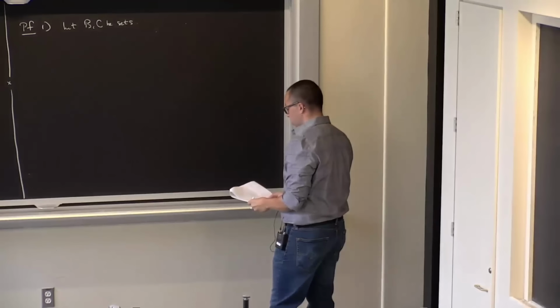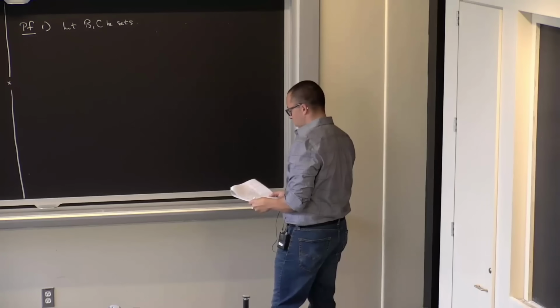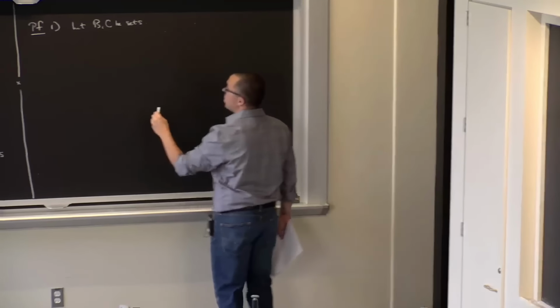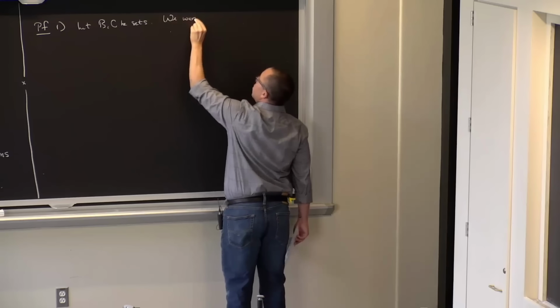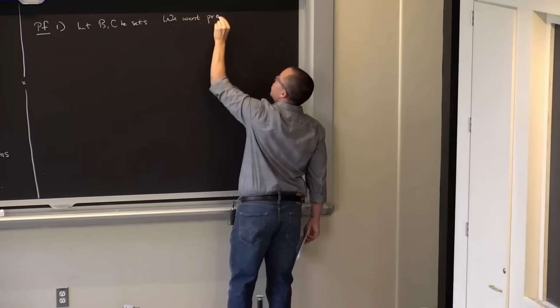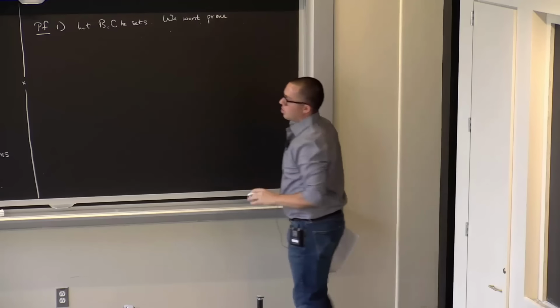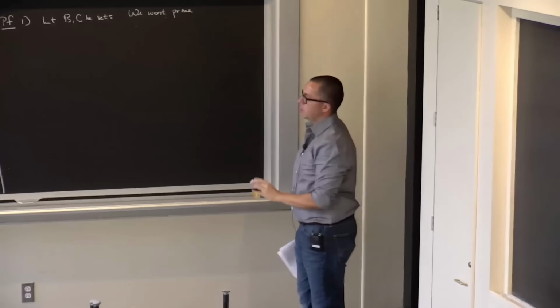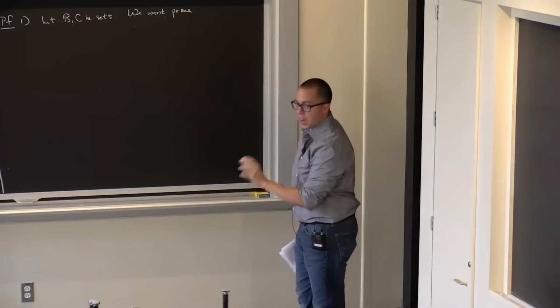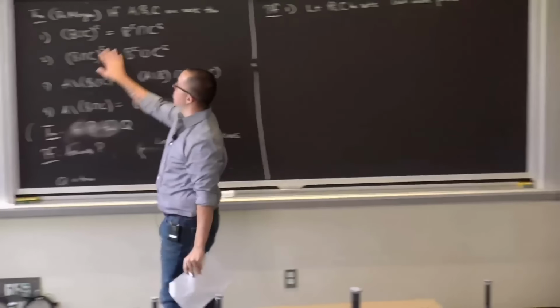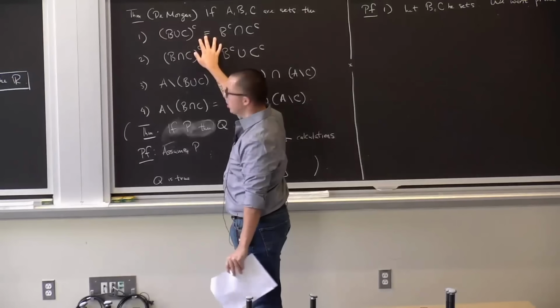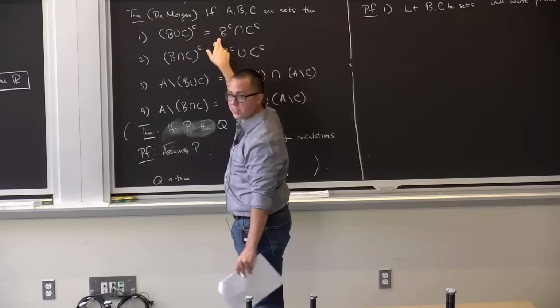I'm trying to prove that B union C complement equals the intersection of the complements. So what does that mean? It's quite helpful, especially when you're first starting to do proofs, to write down what you're actually trying to prove. Even though I have this statement here, it's an equality between two sets.